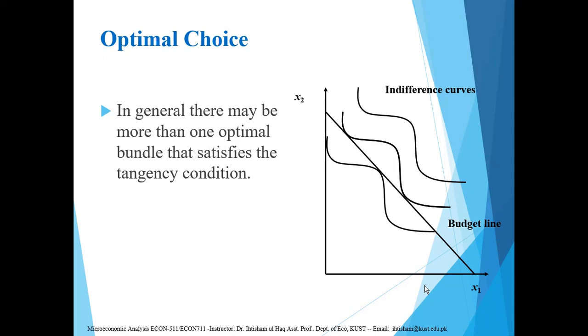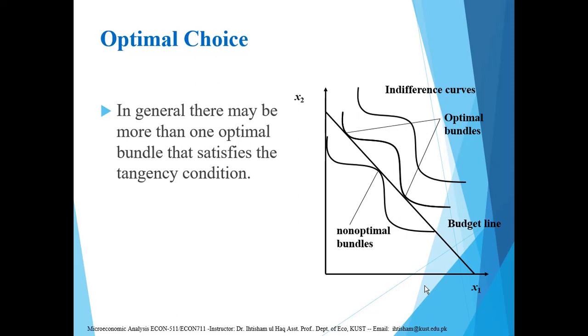However, we have to look into the possible optimal bundles. So there are two points where there is optimal choice or the consumer is in equilibrium.